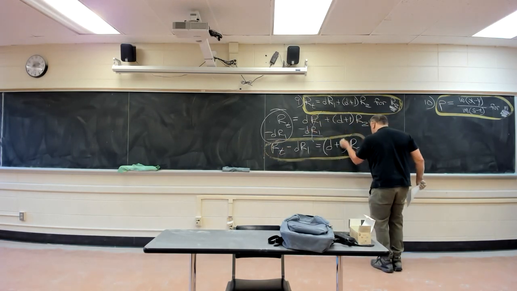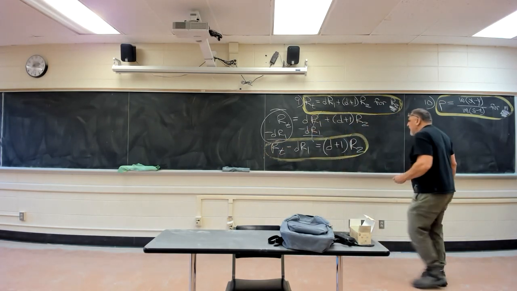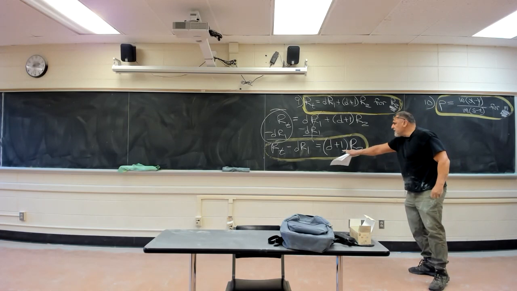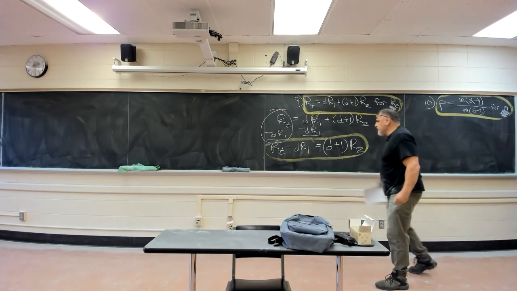Now, this is not a bad place to be, because to solve for R2, you just divide by this quantity on each side, and you're done.